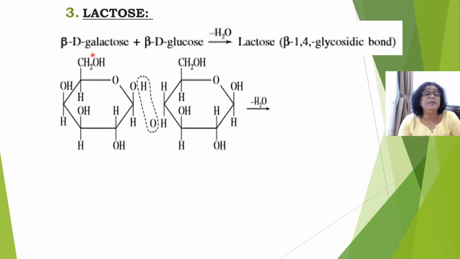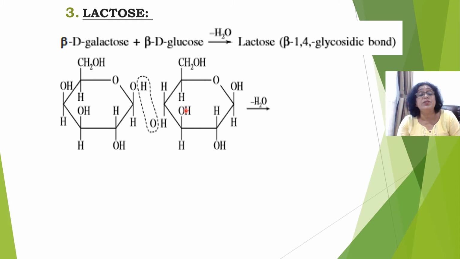So in this, what is the difference between beta D glucose and beta D galactose? So this is a beta D glucose. Here the only difference between alpha D glucose and beta D glucose is the position of H and OH on the first anomeric carbon. That means here in this carbon you see OH is on the top, H is below. Second carbon is similar, H above, OH below.